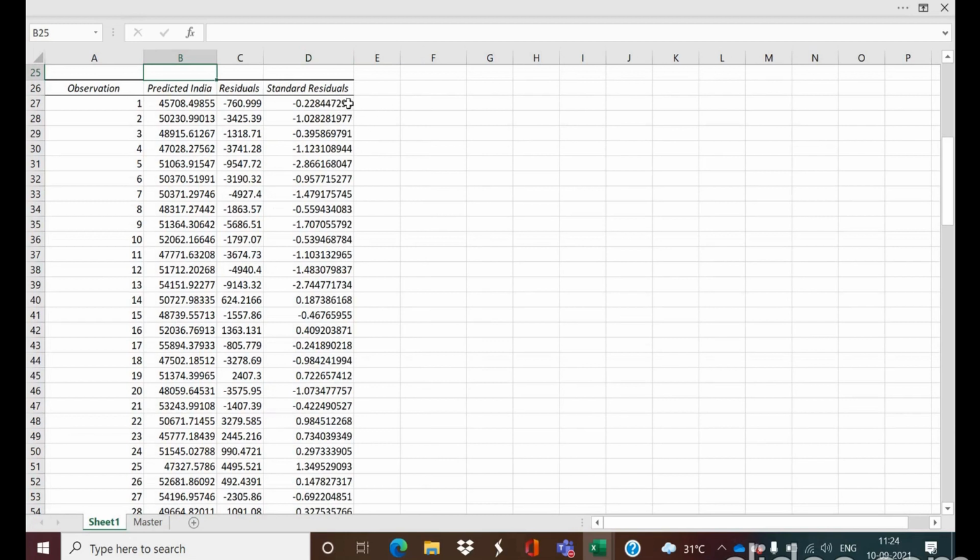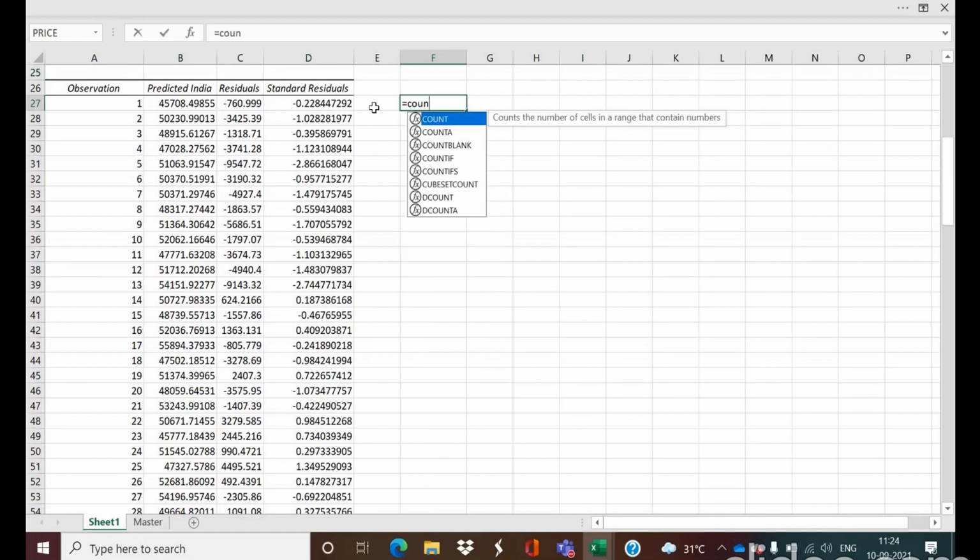For that, there is a function called COUNTIF. Just write COUNTIF. Because there's a condition, open brackets, range: take the standardized residuals. Don't take the label because this is not advanced Excel.